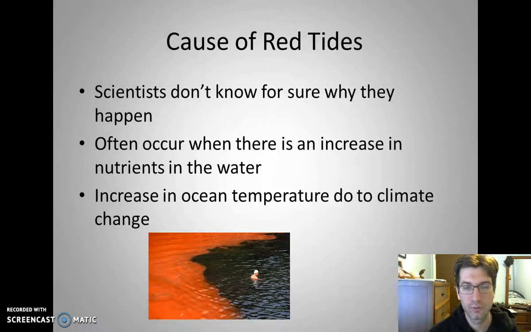They also could be influenced by man-made activities through dumping chemicals in water sources, and eventually all water sources end up in the ocean. Or even effects of climate change, which again provide increases in ocean temperature. And when that warmer water mixes with cold water, you get this mix of nutrients and they bloom.